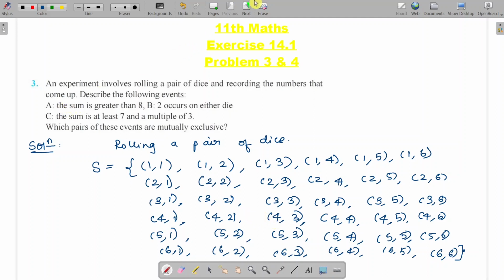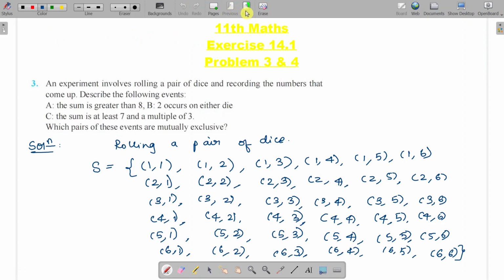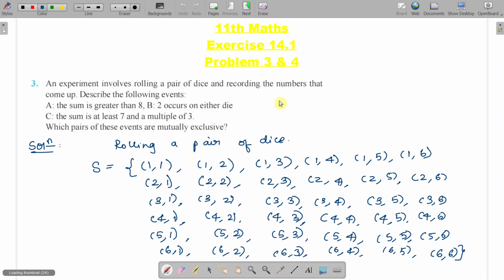Now let us write the event A. So event A is getting the sum greater than 8, right? So let us write the event A. A will be equal to, since sum is greater than 8, so we have to look at this sample point, 3 comma 6, right? This is 3 comma 5, so 3 plus 5 is 8.